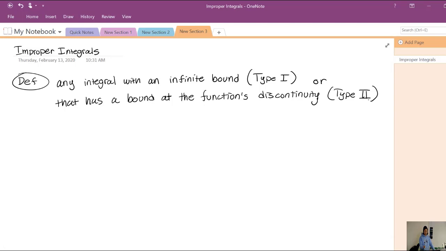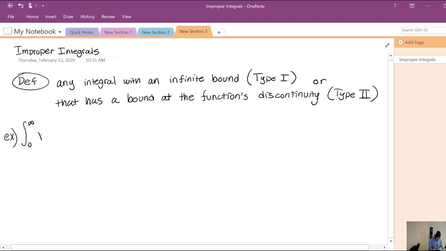And so, for example, okay, let's say we want to do this integral, 0 to infinity of x e to the negative x squared dx.